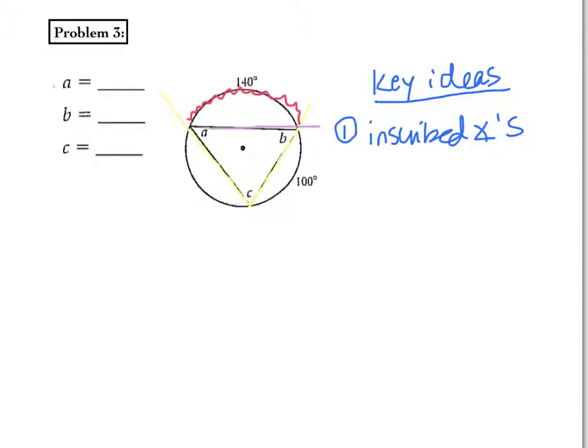Here's another inscribed angle, and do you see its associated intercepted arc? It's right there. Okay, so we can talk about the other key ideas. You have some options because we can talk about the sum of all of these arcs in a circle.